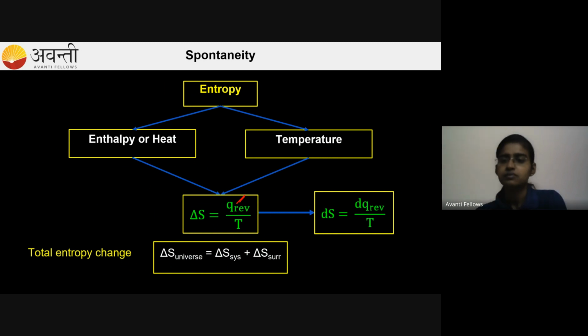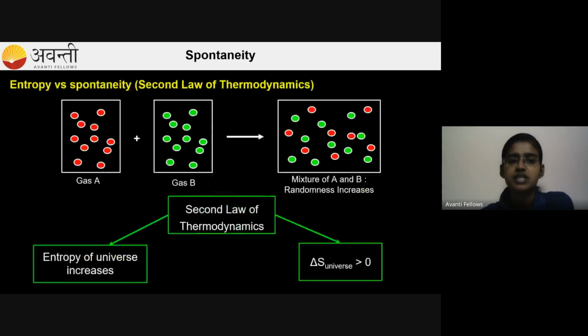Got it? Now coming to entropy versus spontaneity, which is otherwise called the second law of thermodynamics. So I am taking gas A and gas B and mixing both the gases together. Now in this mixture, the randomness of A and B increases because the volume is more and the space is more. So the gas molecules can move more randomly.